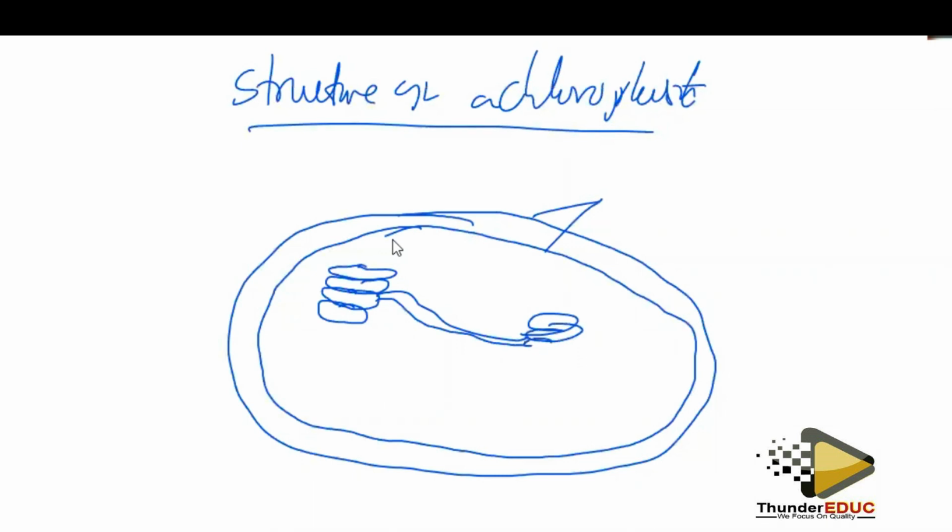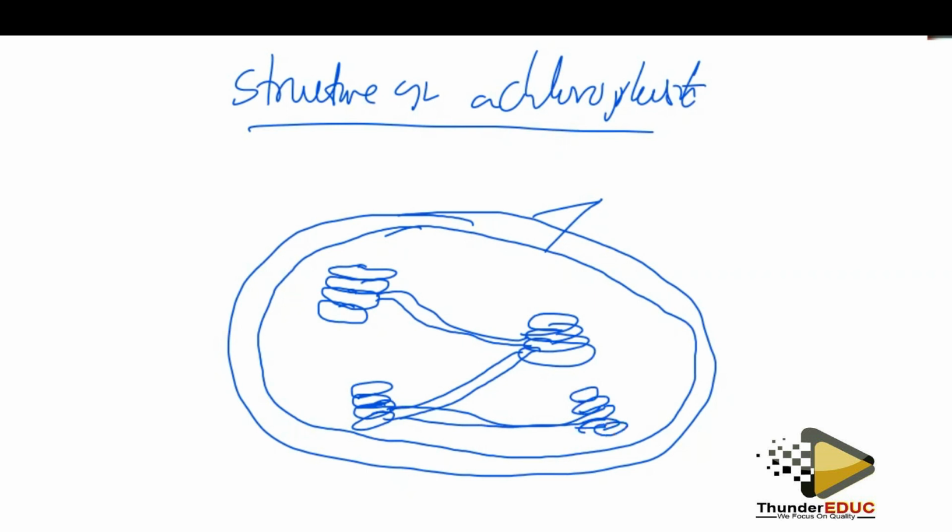If one is interconnected, it is also connected to another sac, and another sac. This one is also connected. So it keeps on connecting to one sac and another sac, one sac and another sac. That's what you see here.